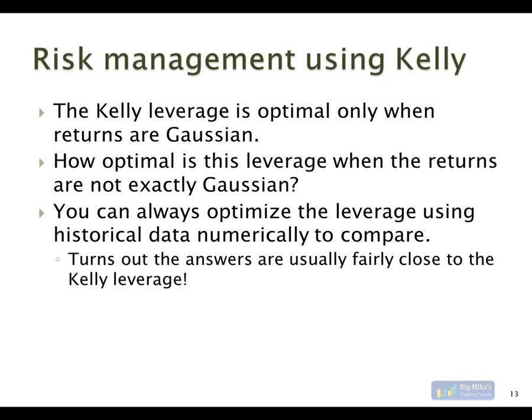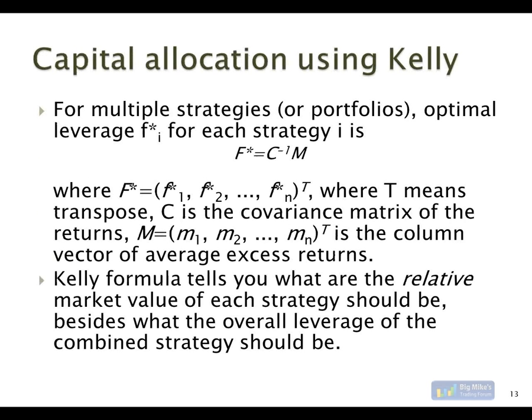Okay, so now finally we move on to capital allocation. Some of you have asked earlier, if you have multiple strategies whose returns are correlated, how do you allocate leverage to the different strategies? And here's the formula. F equals C inverse M. This is a matrix equation because F becomes a vector now that you have multiple strategies, 1 to n.